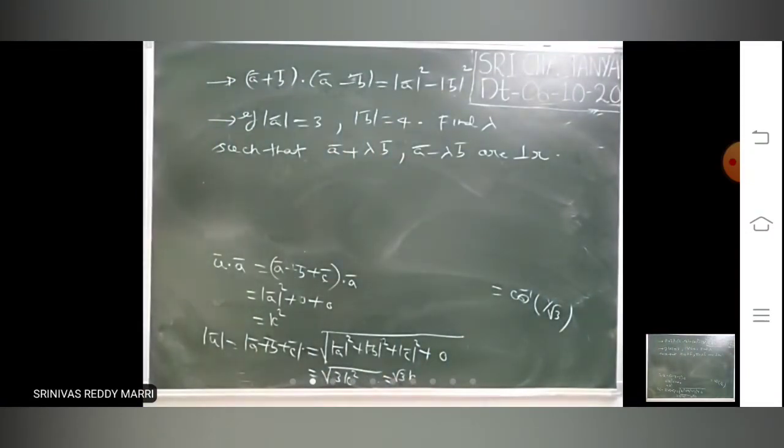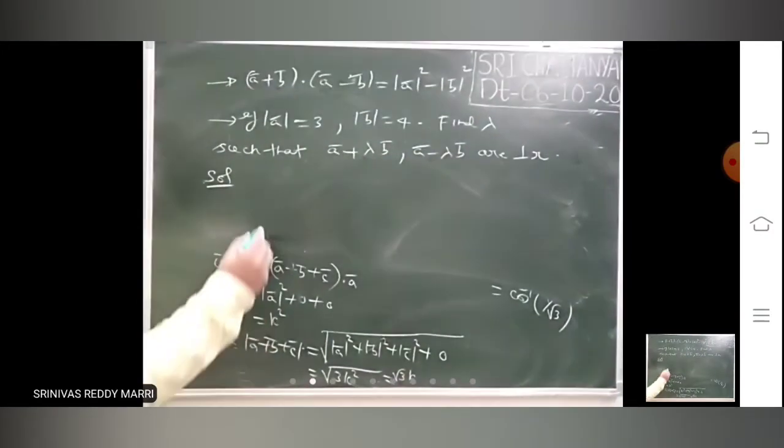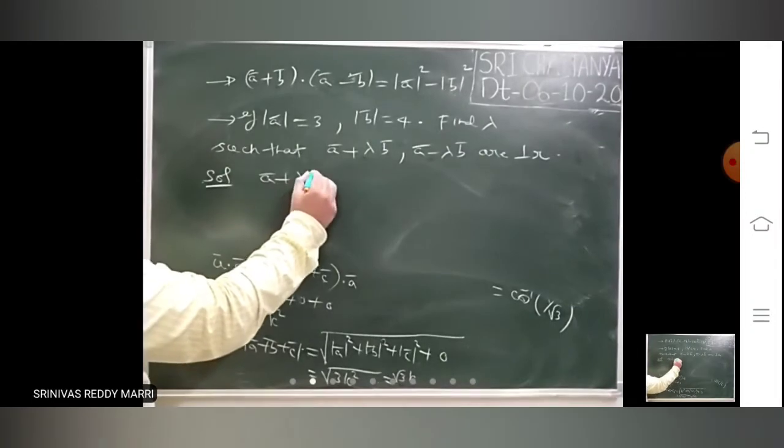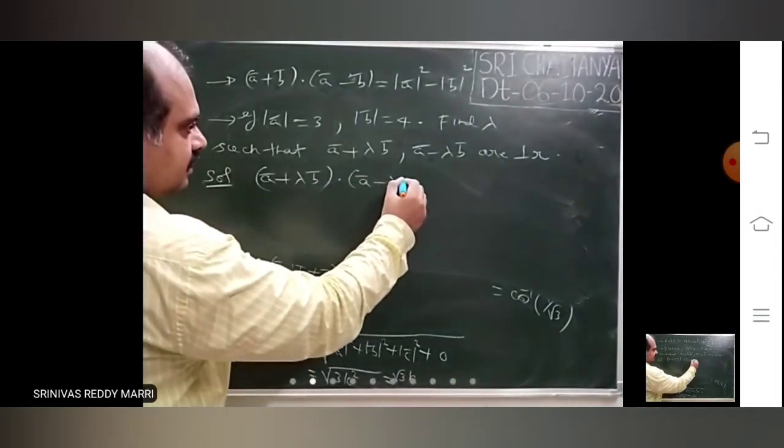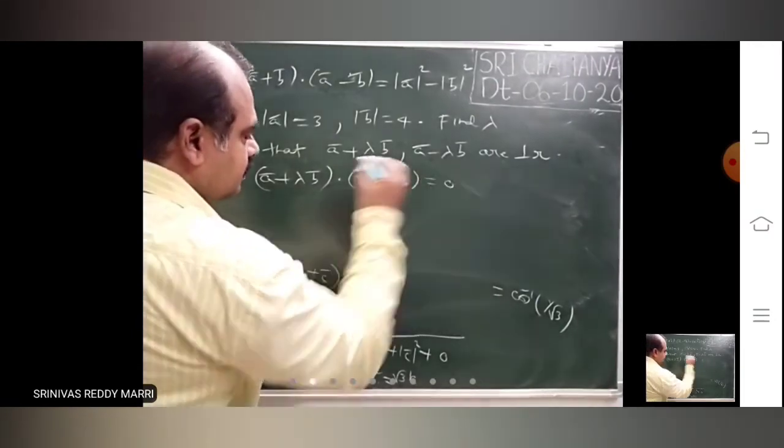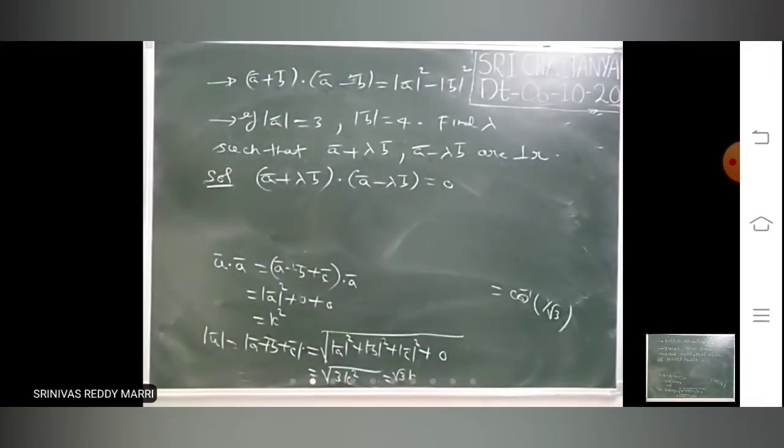Look at this. Perpendicular means the dot product is 0.